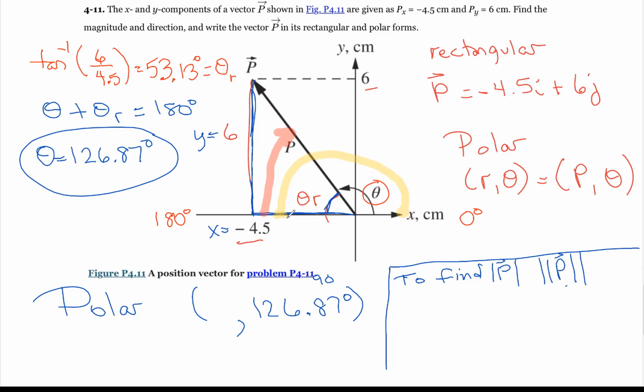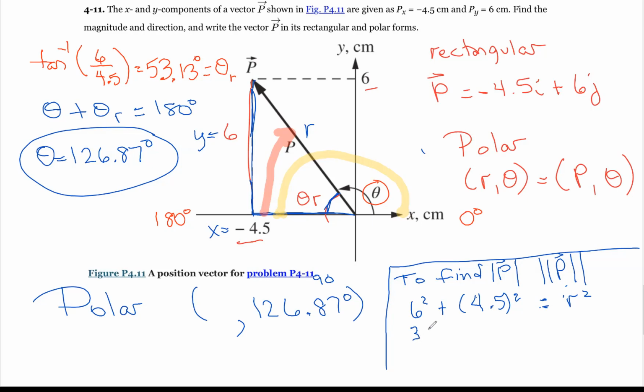Again, I have x, I have y, and if we call this h, we can say that 6 squared plus 4.5 squared, because I'm squaring it, I don't need to make it negative. If you want to make it negative, you can, and then square it and it'll become positive anyway. This is going to equal, actually, let me call it R since we're talking about polar. We'll call this R, so this is going to equal R squared.